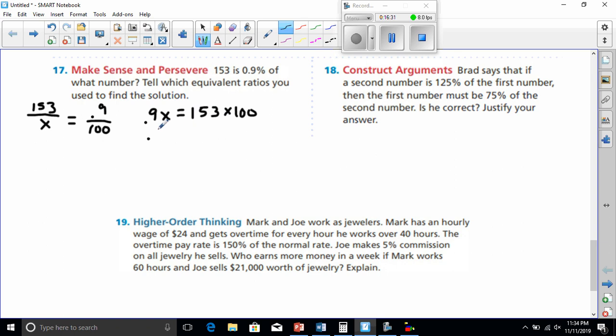I already know 0.9x can't be multiplied together, so I'll just leave that like that. But I can multiply these together. That'll give me 15300, which is 15,300. Now I have to divide away 0.9 so I can get x by itself. But whatever I divide from one side, I have to divide from the other side.